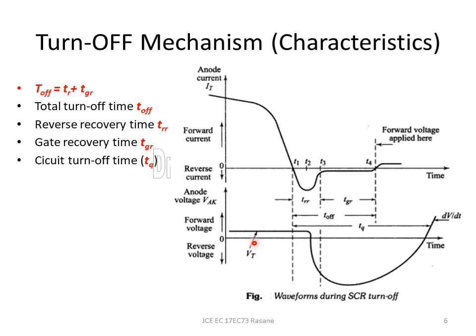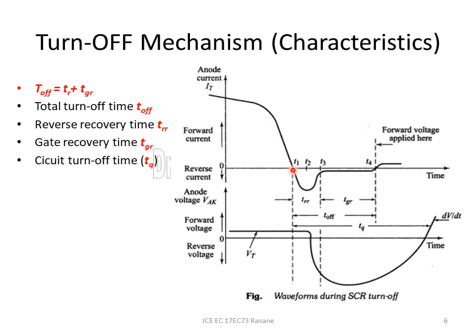Let's say I am turning off the thyristor. Because I am turning off the thyristor, the anode current has to become 0. So the anode current will start to fall and reduce and become 0, let's say at T1. So the actual turn-off begins at T1 when the anode current has become 0.